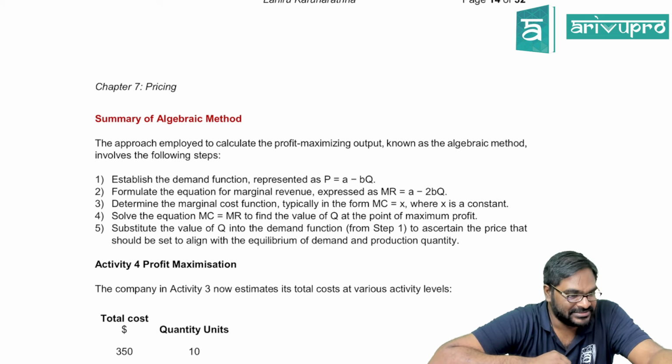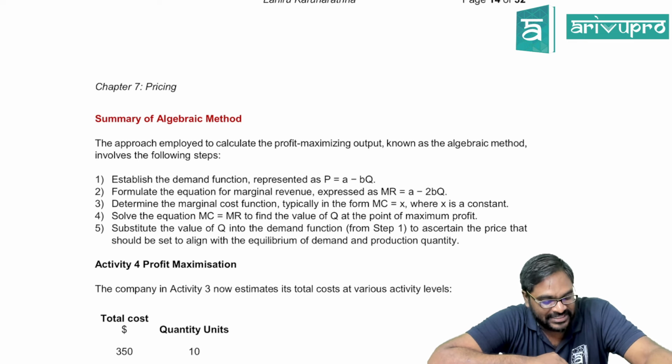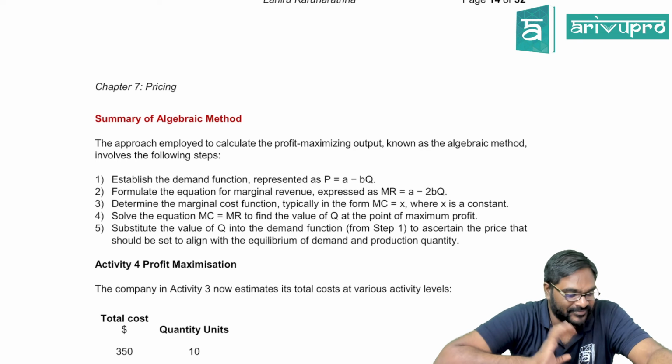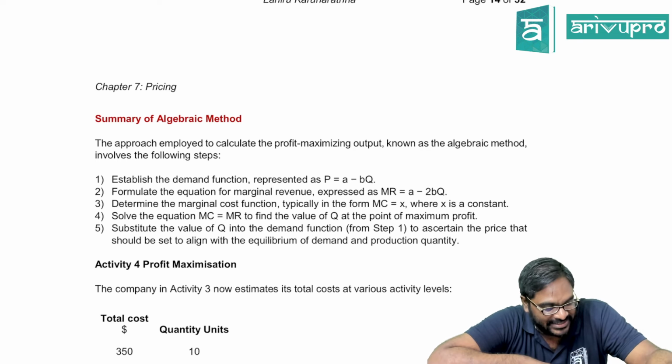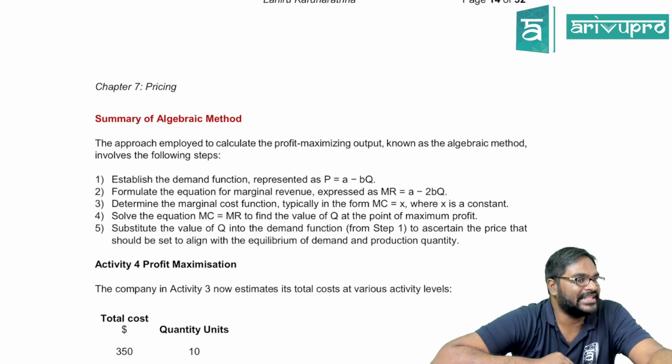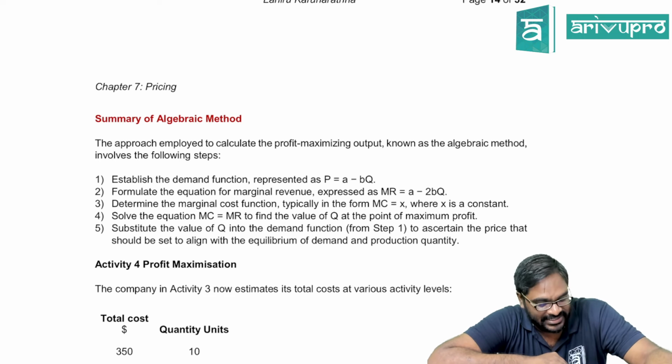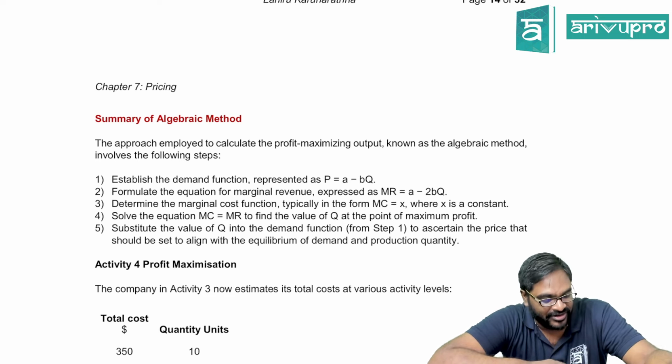That also we learned. After that, determine the marginal cost function. That also we did. After that, you have to figure out the point at which MC equals MR. What is the quantity at that point?